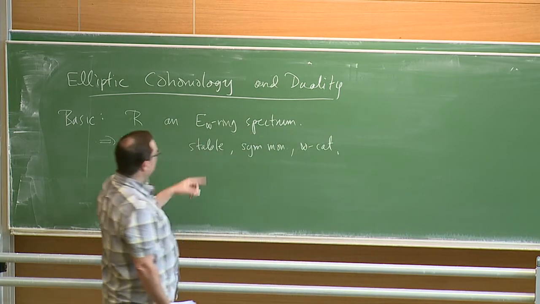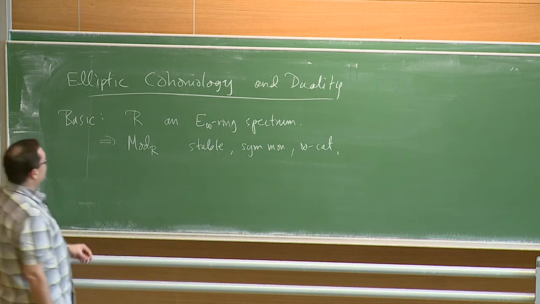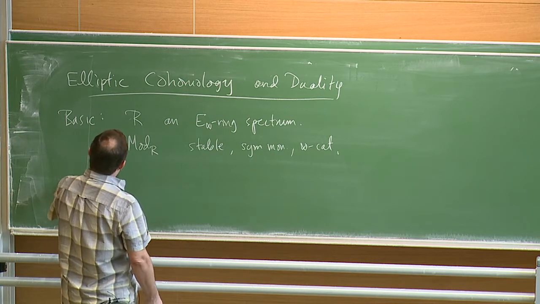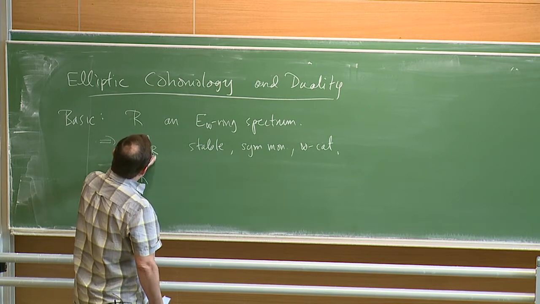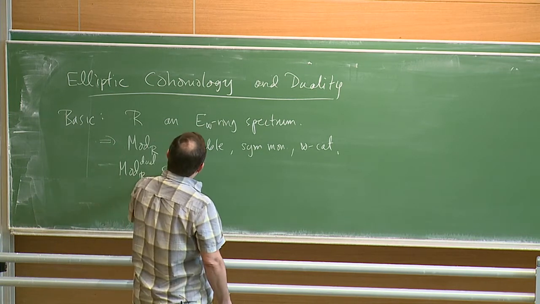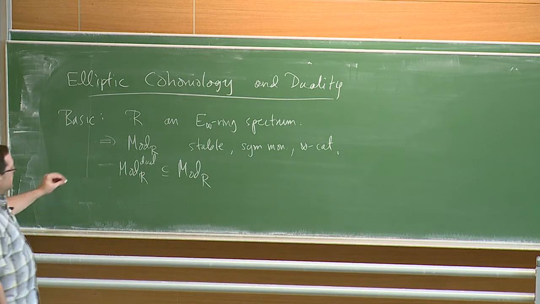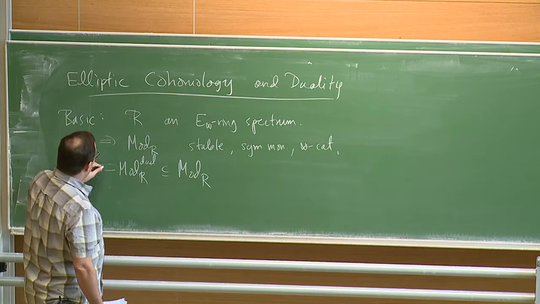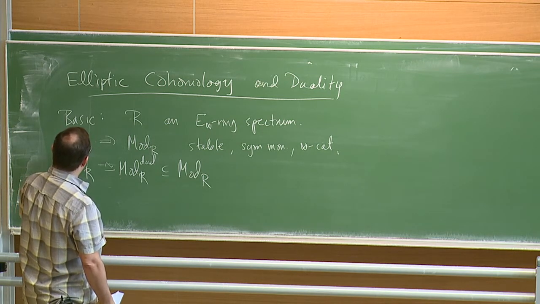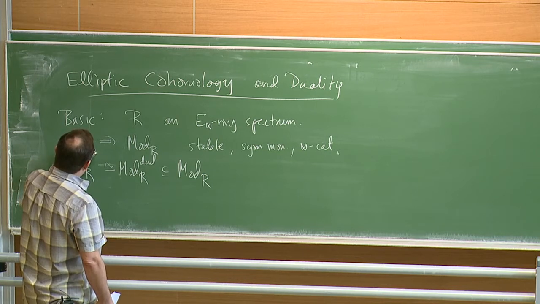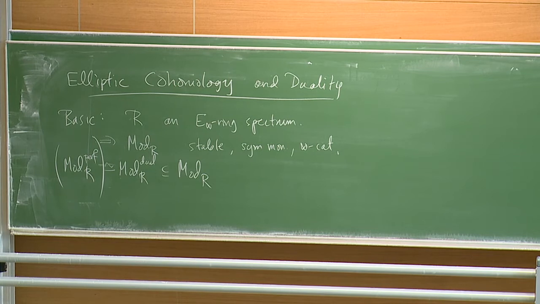I guess stable is really the least relevant here. So it has a full subcategory of dualizable objects, which in this case we can identify with the compact objects, aka the perfect objects if you want. But that's special to this situation.